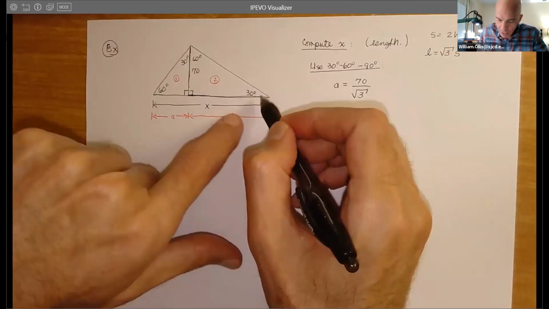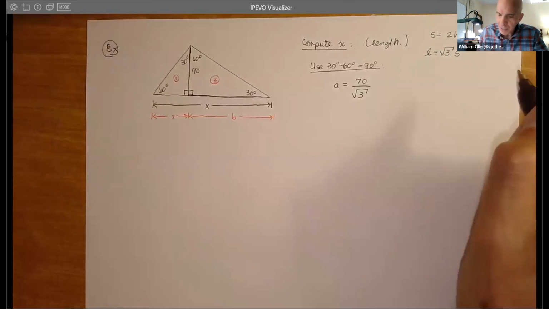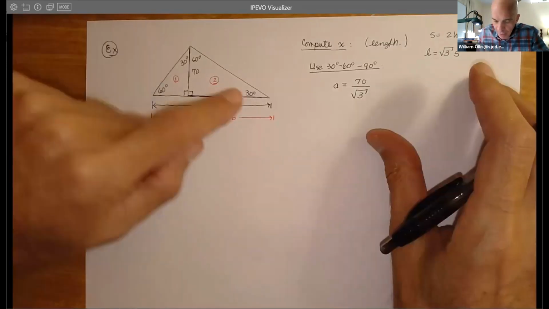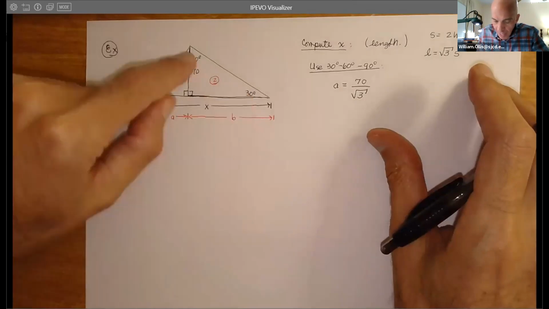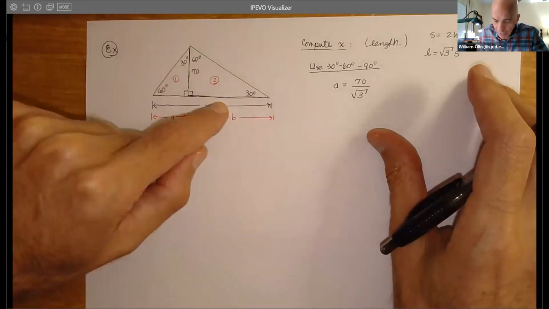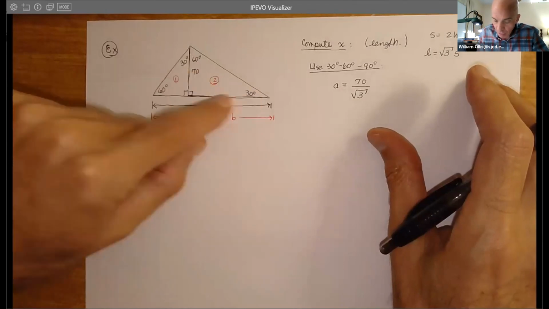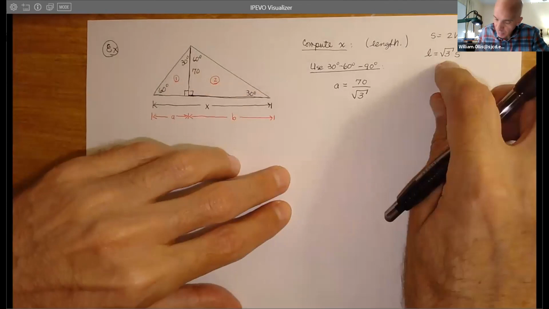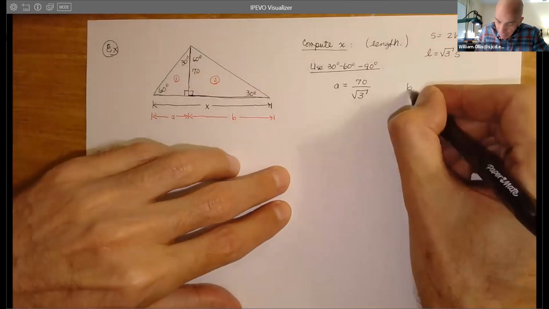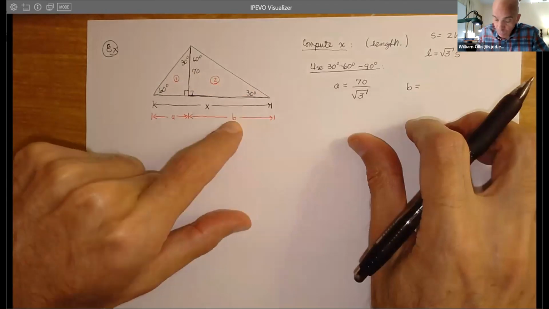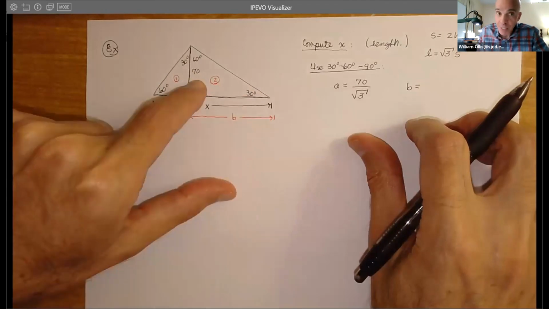Well, again, notice it's the same. It's basically looking to be the same thing. Here, we've got the longer side here, and we've got the shorter side here. So the shorter side, this is being the longer side. So now we'll use this directly. So B, again, in this case, which is the longer side, will be the square root of 3 times 70.